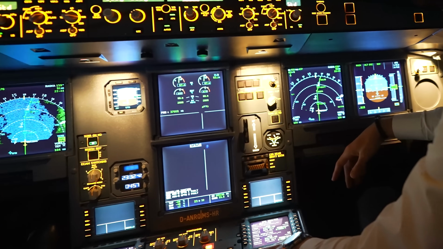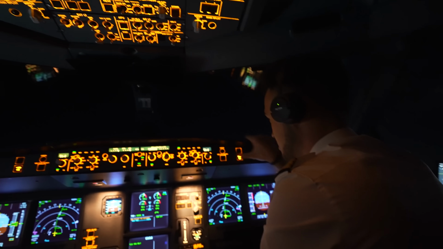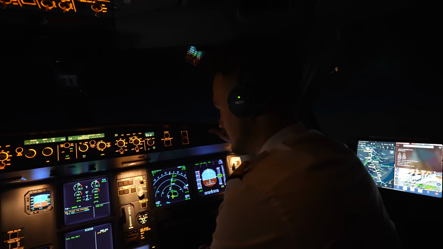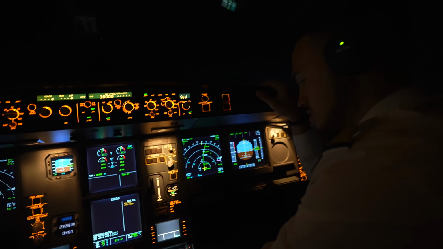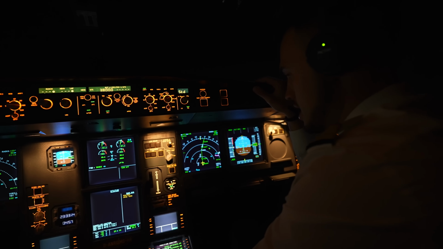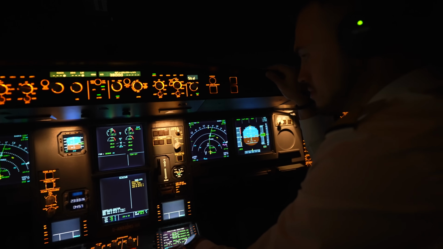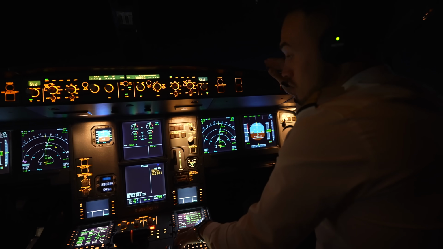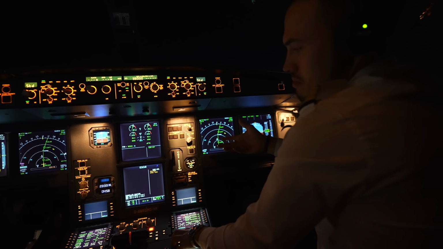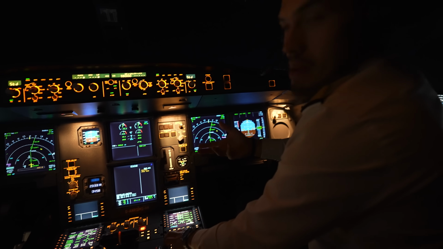NAV FM/GPS position disagree. Okay. ECAM actions. Okay. We still have our inertial reference systems, which give us valid positions and can navigate with them. Some systems are dependent on the GPS and therefore they're not working right now, but that's no major issue as long as we know about it.